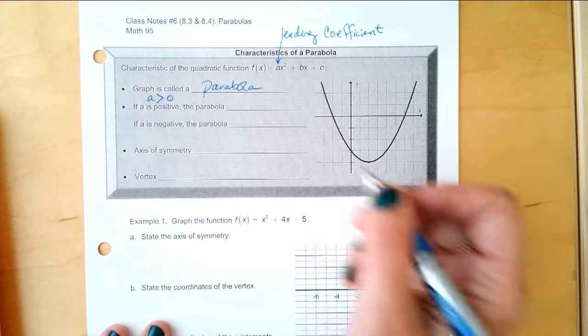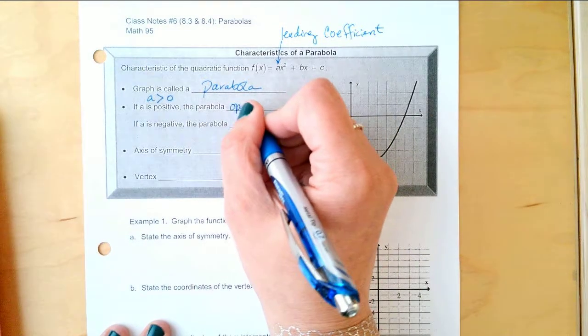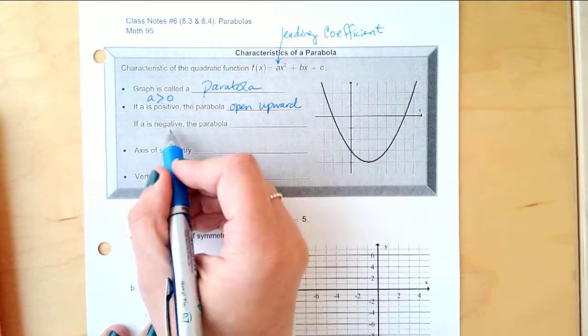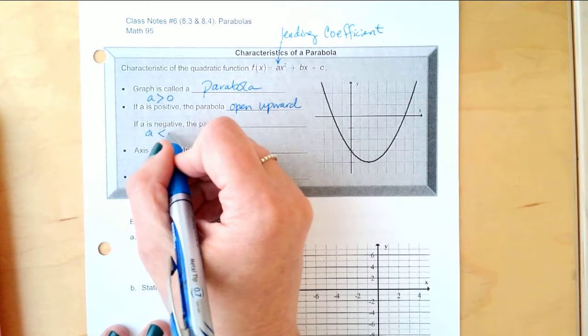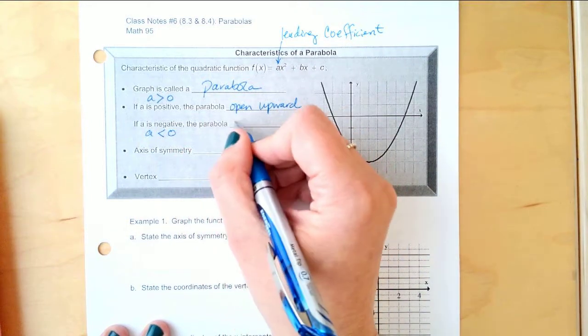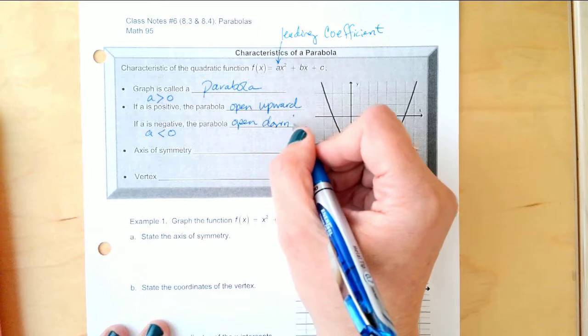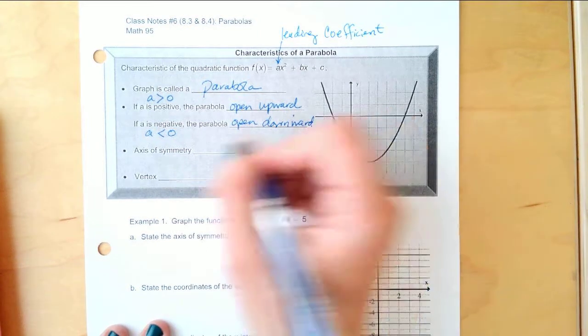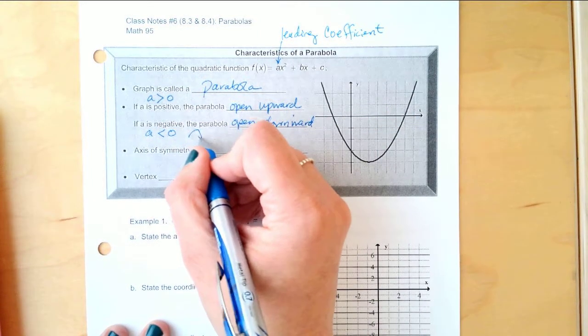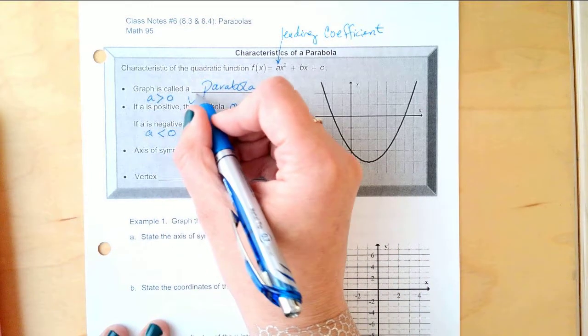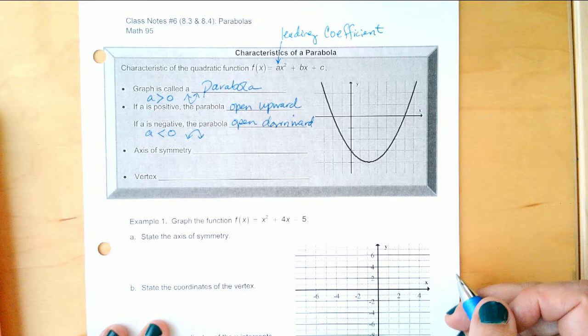It will open upward. If a is negative, meaning a is less than 0, the parabola will open downward, exactly. You can think about the parabola as negative, it's a frown. If the parabola is positive, it's a smile, right?